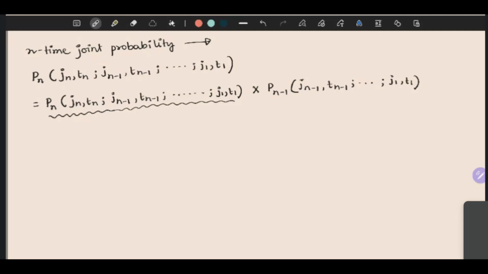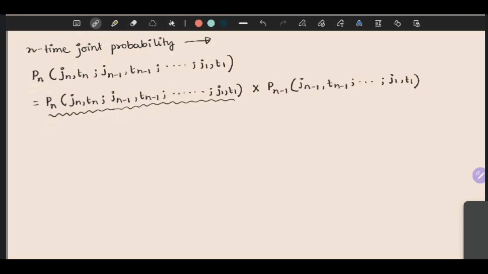It is actually the probability of occurring the state Jn at time Tn, given that the events to the right of the vertical bar occurred successively earlier in time.